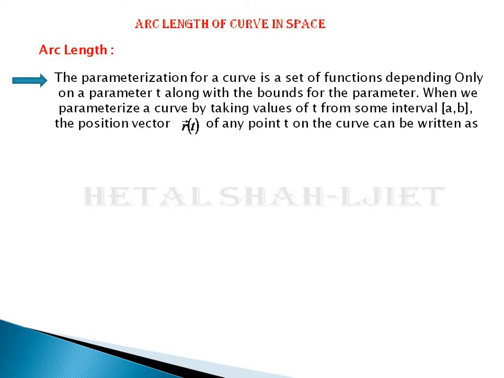When we parameterize a curve by taking values of t from some closed interval a to b, the position vector r(t) of any point t on the curve can be written as r(t) = x(t) i cap plus y(t) j cap plus z(t) k cap. Here x, y and z are functions of t only. Okay, so this is our position vector.